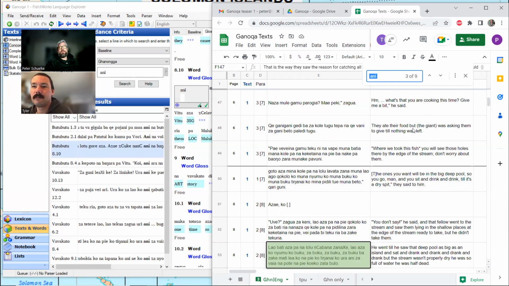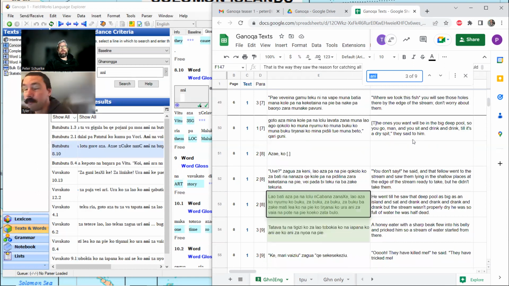He saw till he saw that deep pool as big as an island, sat and drank and drank. Can you scroll down a bit? It doesn't quite show up for me. Thank you. But the stream wasn't properly by. Now, if this Ani comes before, there you have Ura. Is that the stream? No, it's not. Not quite in the right spot for it to be the beaver, but that doesn't mean it's not.